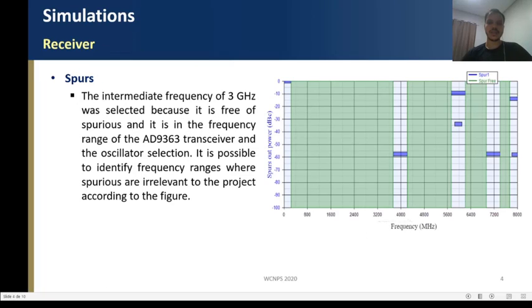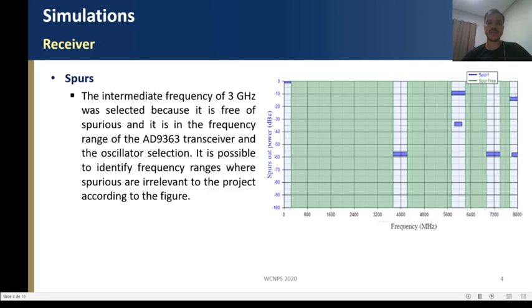In the system view, a WAT-EF tool was used to plan the intermediate frequency in transceivers, to avoid spurious bands caused by the mixer and to identify frequency bands where spurious signals are irrelevant to the project.